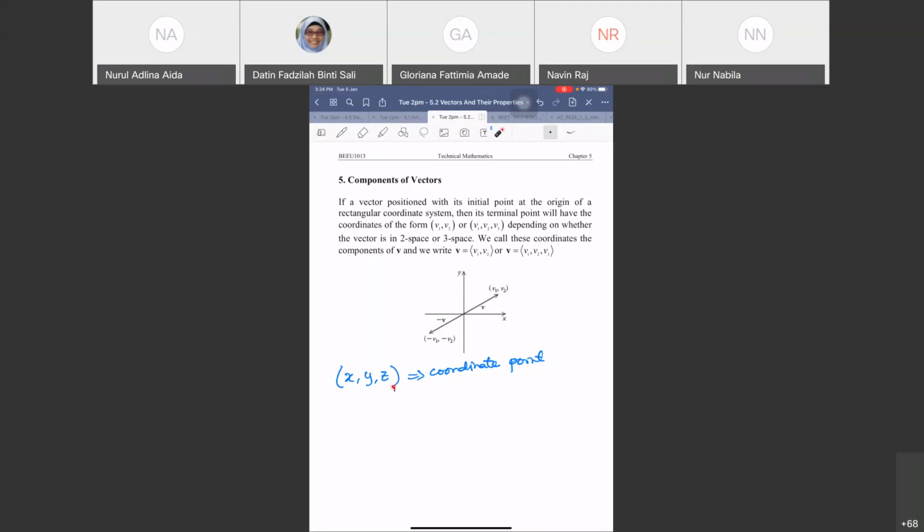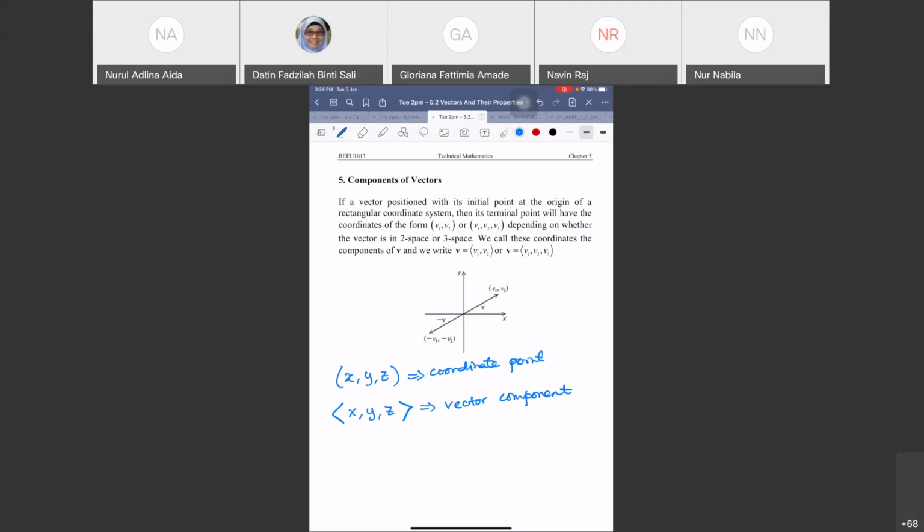This is a coordinate point representation. However, if you're talking about vector component, then we are using this type of bracket. So this is what we call vector component.